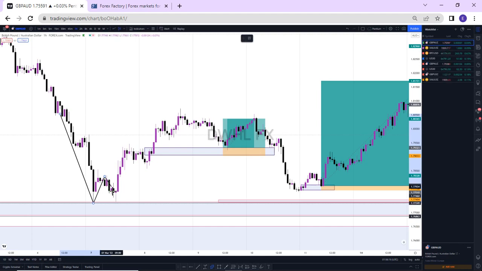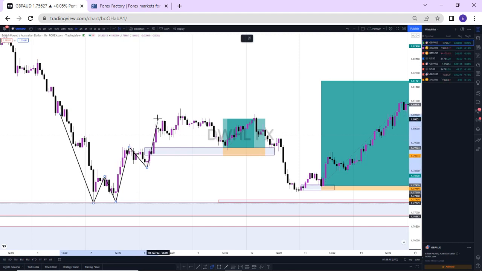So as price got here and couldn't break this structure, we saw price trending to the upside. We saw price breaking this beautiful structure, and anytime there's a break of structure, what do we wait for? We're waiting for the retracement to this zone so that we can easily join the buy. Unfortunately, price didn't come here, so we saw price coming down, creating a higher low, and we saw a high created in the market.